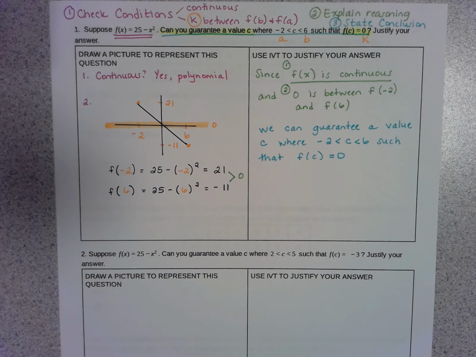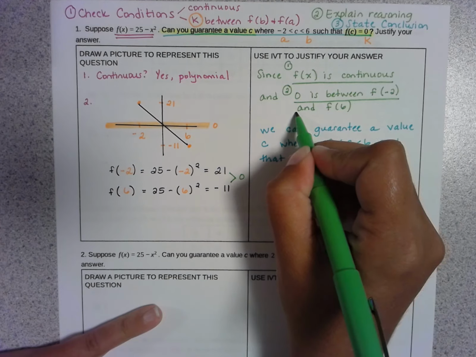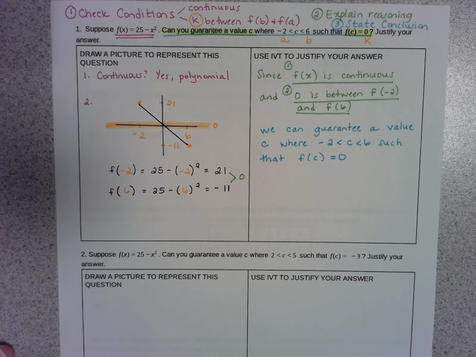So can you guarantee this? I can guarantee this. So since f of x is continuous, that's the first condition. The second condition is and 0 is between f of negative 2 and f of 6. We can state our conclusion. We can guarantee a value C where negative 2 is less than C is less than 6 such that f of C equals 0. And then this is the really important part. We need to say why, which means we need to reference the theorem we're using.